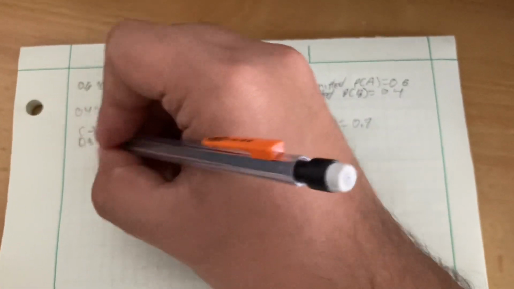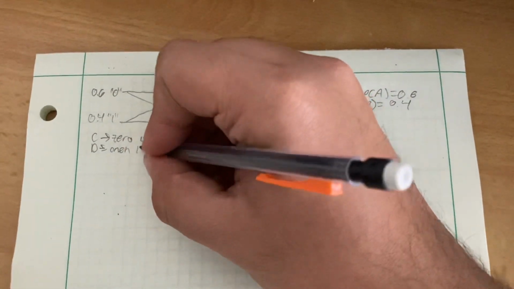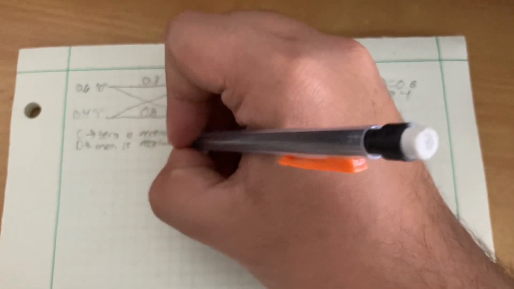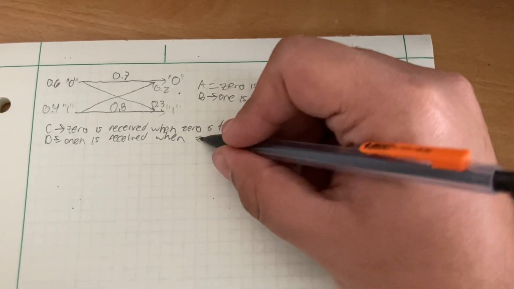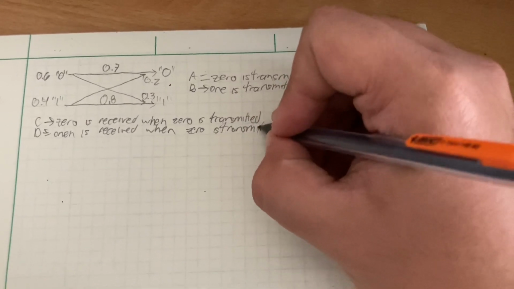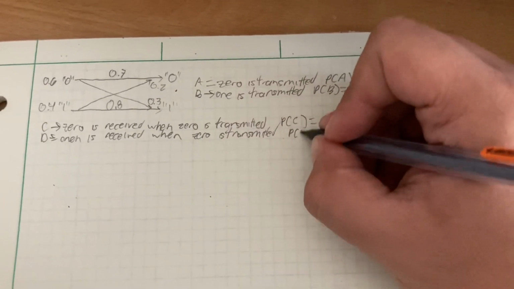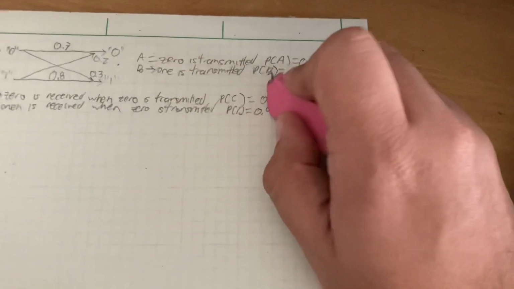And then D is 1 is received when 0 is transmitted, with P of D equal to 0.3.